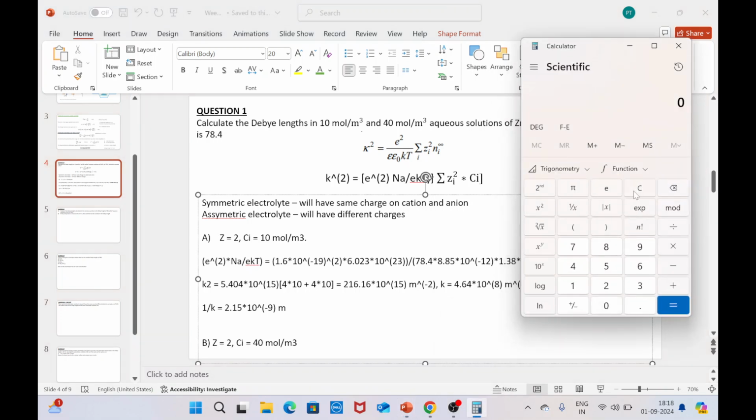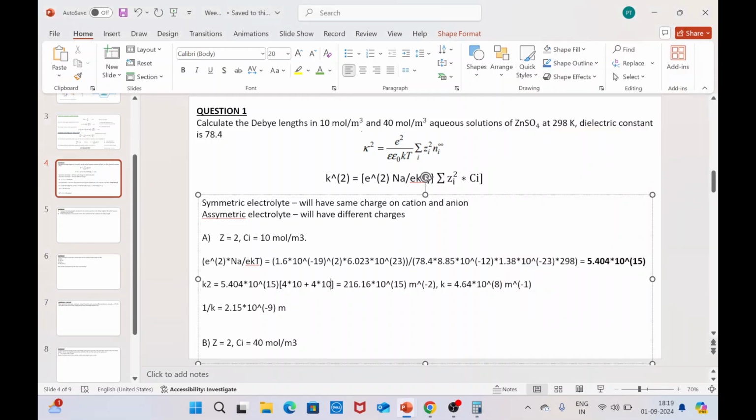So now we need to recalculate here. So it is 5.404 times 80. That will be exactly double, so 432.32.